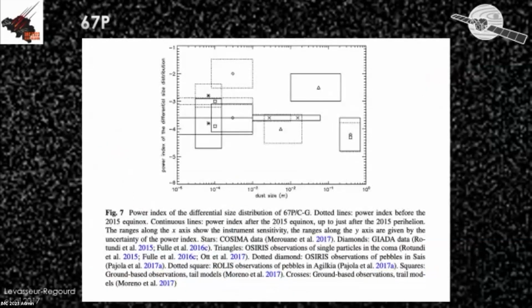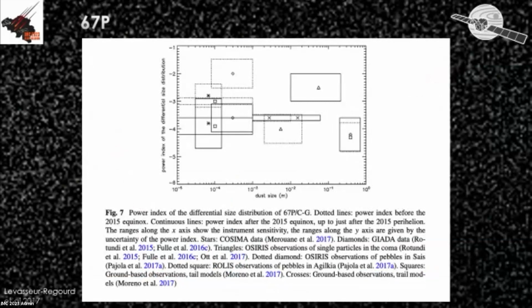But what is interesting is something that Jan Santal did some years ago: the power index of the size distribution, depending on whether it is pre-perihelion or post-perihelion, which is important information as well.